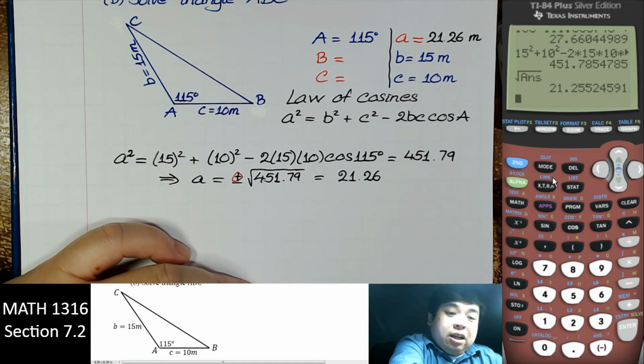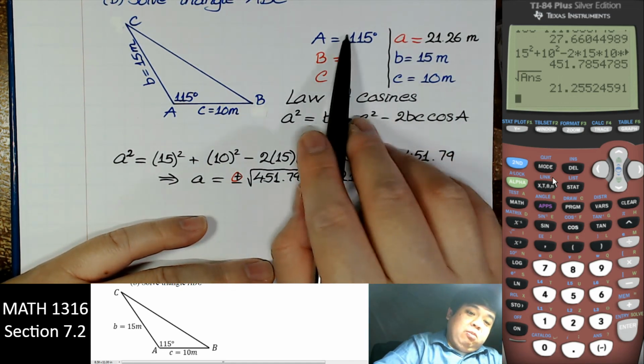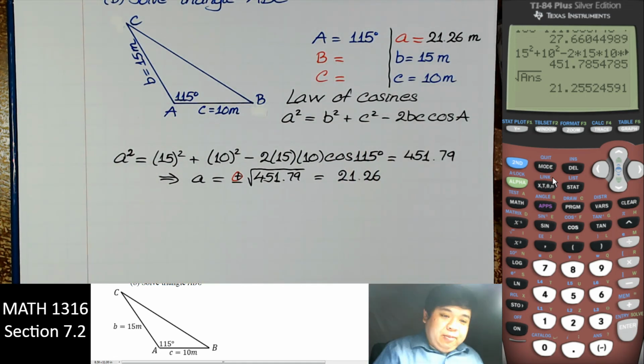Right. Next, what do we use? We can use the law of cosines or the law of sines. However, now that we have a pair of opposite angle and side, the law of sines will work here.